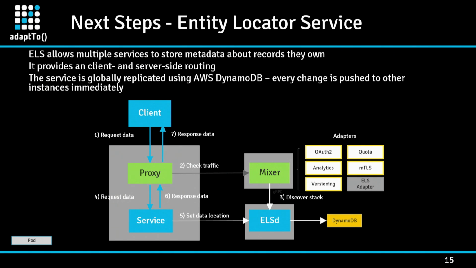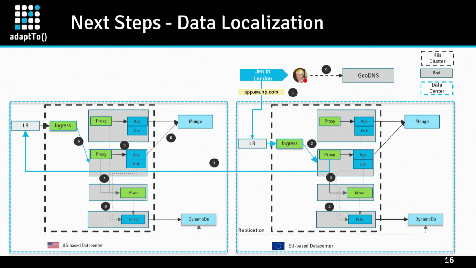Now the responsibility is split into the proxy and the mixer, and we create custom adapters so the mixer provides the discovery request through ELS. The rest is pretty much the same. This is the updated version of that previous diagram. You can notice the Istio components: the ingress, the proxy, the mixer, and the rest is the same.